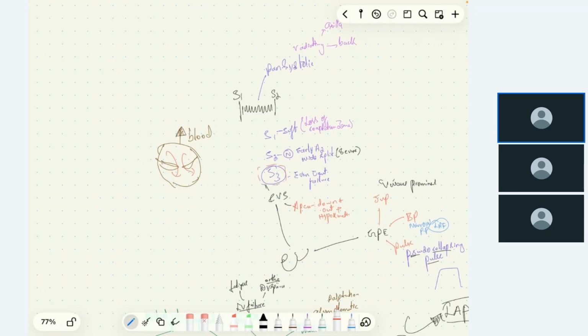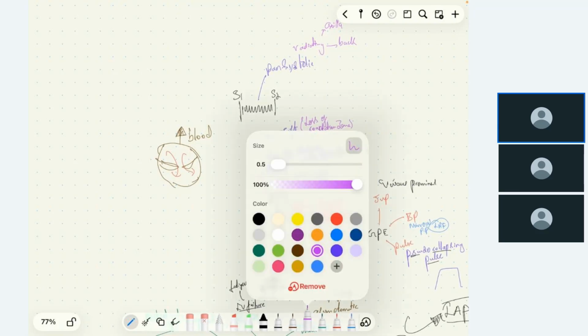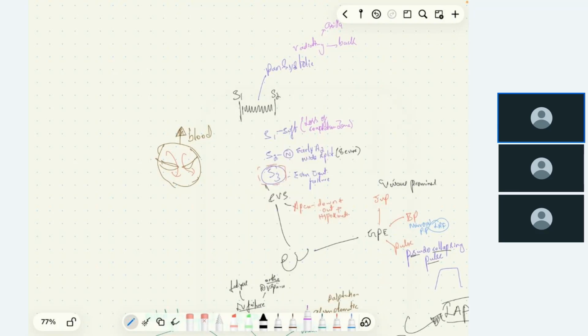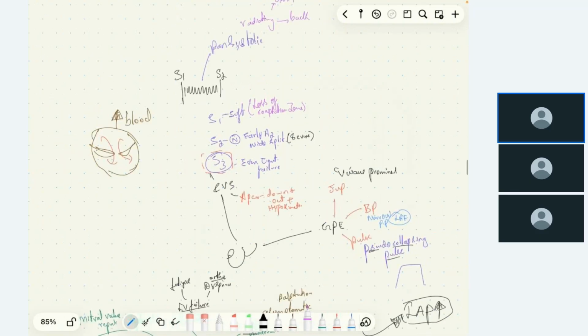We all know that there is an increased amount of blood coming from the left atrium to the left ventricle in mitral regurgitation due to backflow of blood during systole. So we will see S3. Even without failure, we can see S3 in case of mitral regurgitation.